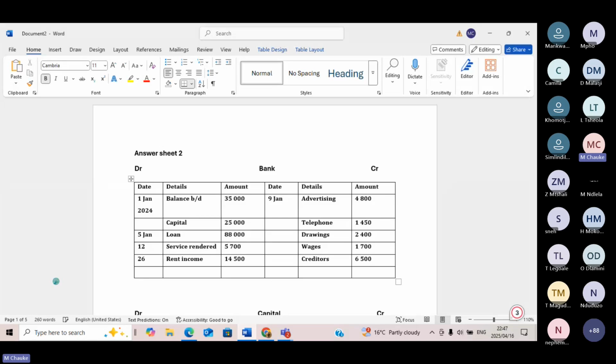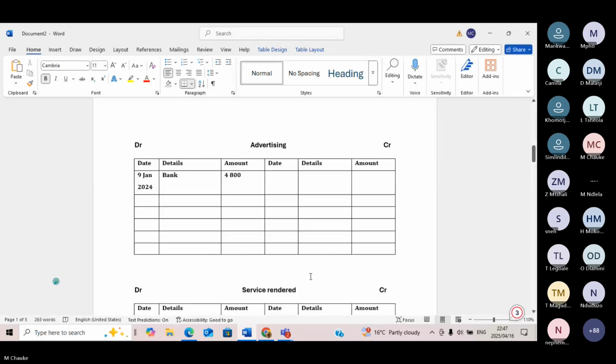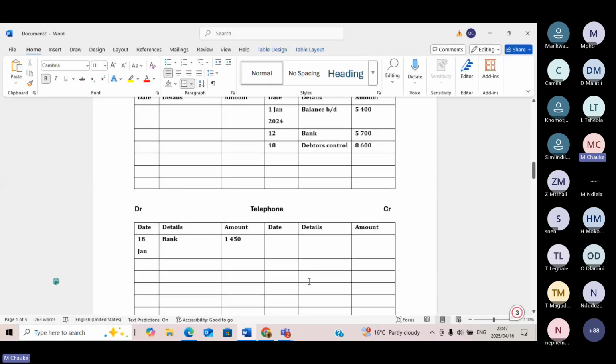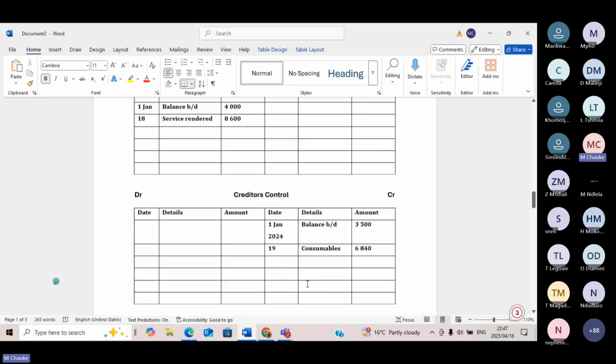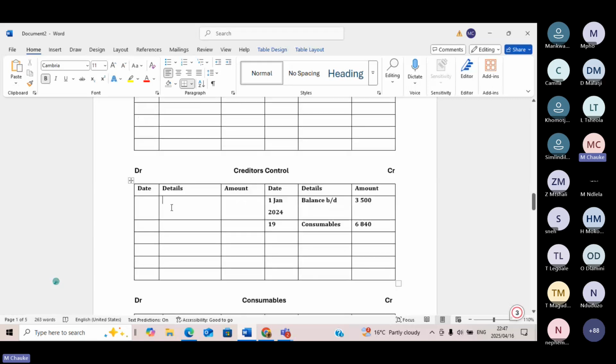Then we go to our creditors account. It decreases on the debit side because we're making a payment. So we're going to say bank, it's decreasing bank. How much? 6,500 that we paid, right?